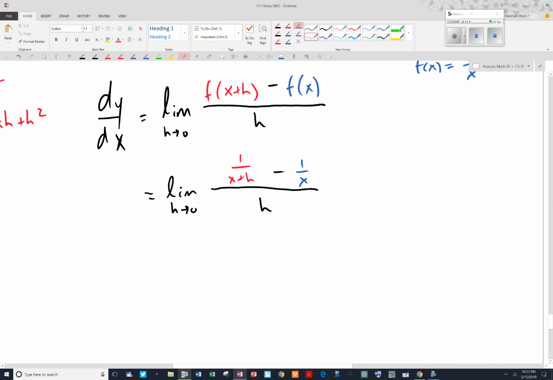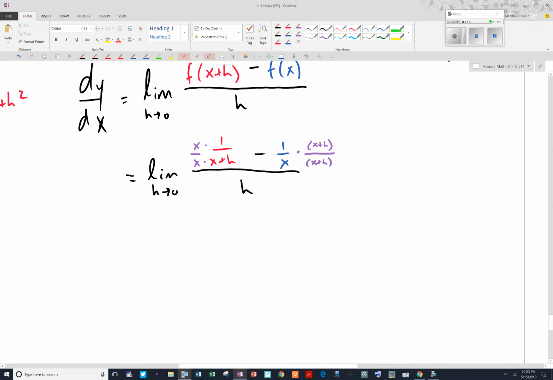Our common denominator would be the product of those two denominators. We'd have to multiply this one by x plus h over x plus h, and this one by x over x. Actually, I'm going to change this real quick. Instead of dividing by h, I'm going to multiply by 1 over h.